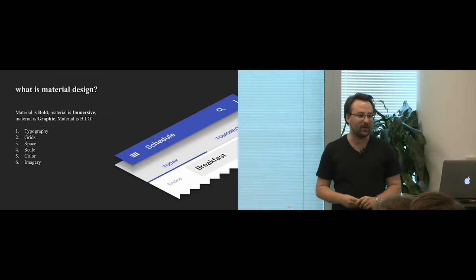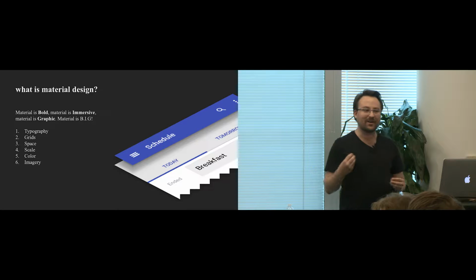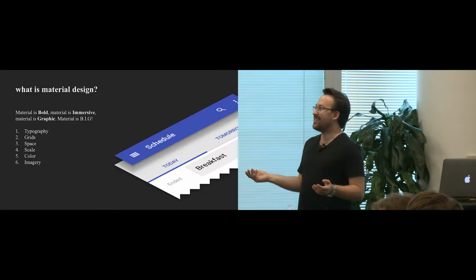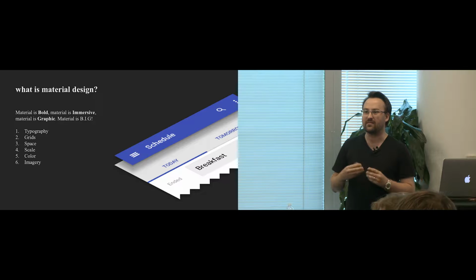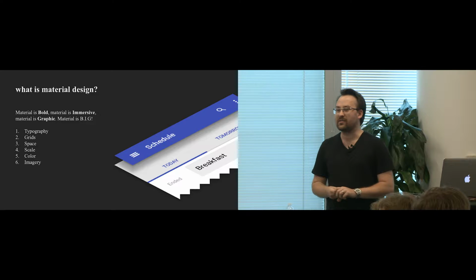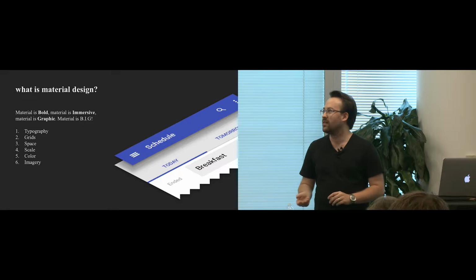So a brief overview of what material is. I like to think of material as bold, immersive, and graphic, which is big. Material was one of the biggest design language updates over the past few years. It was a huge jump from the Android Holo design, and it really changed how apps can work.